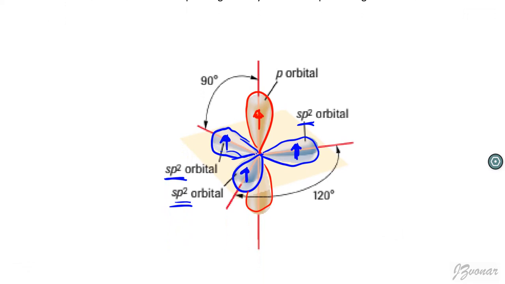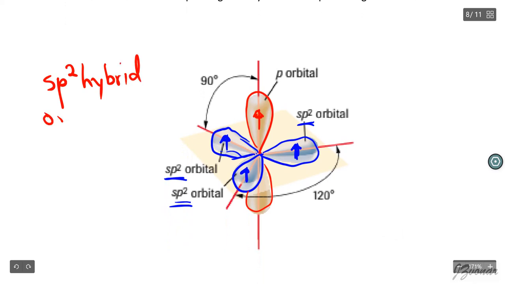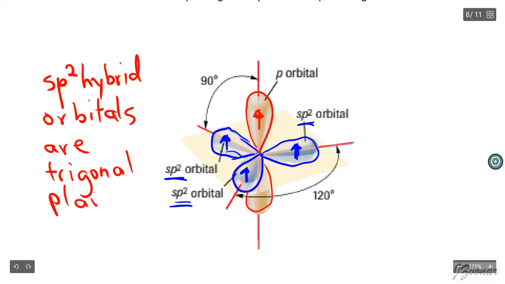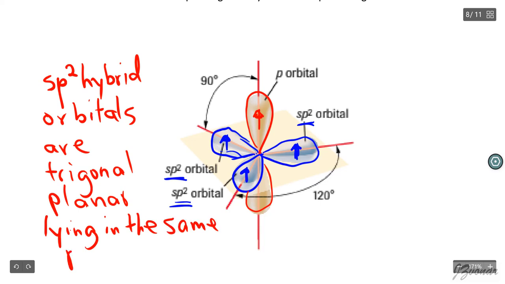It's very important to realize that sp2 hybrid orbitals are trigonal planar. They have a trigonal planar shape, lying all in one plane, as shown in this diagram.